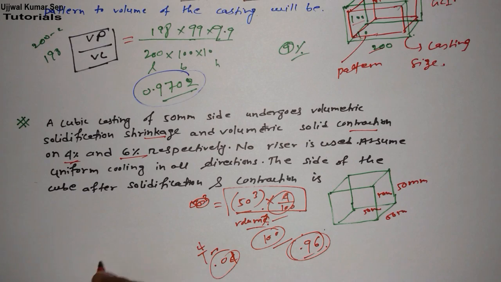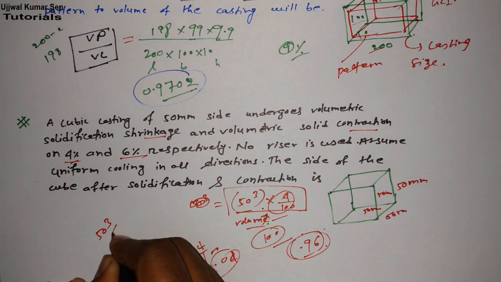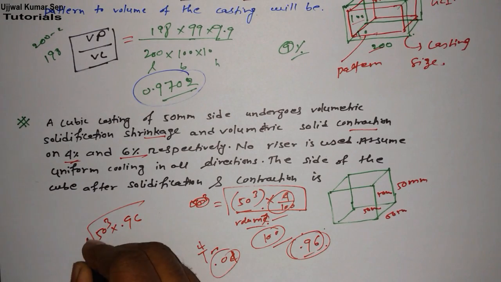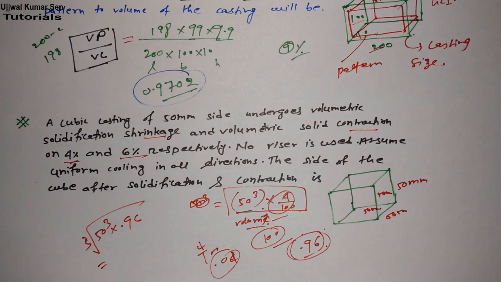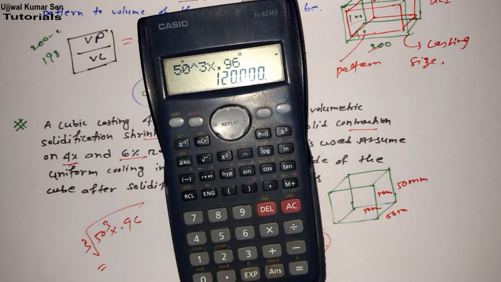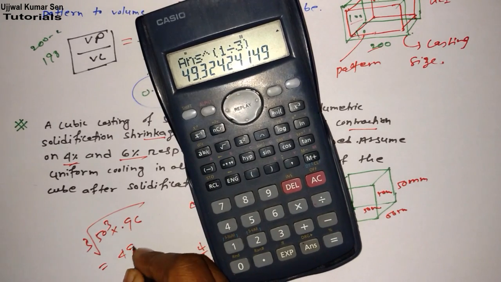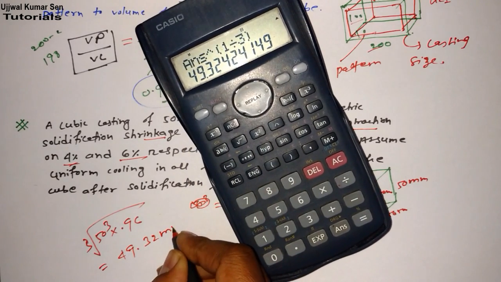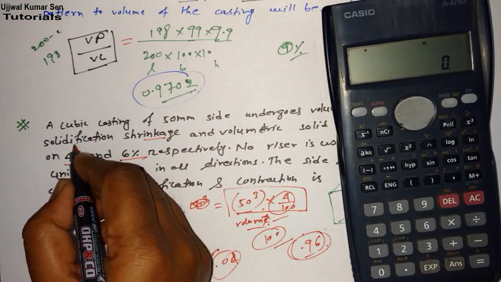Just think about it. We have volume 50 cubed into 0.96. After cube root, we are going to get the side. So it's 49.32 mm side that would remain after 4%.